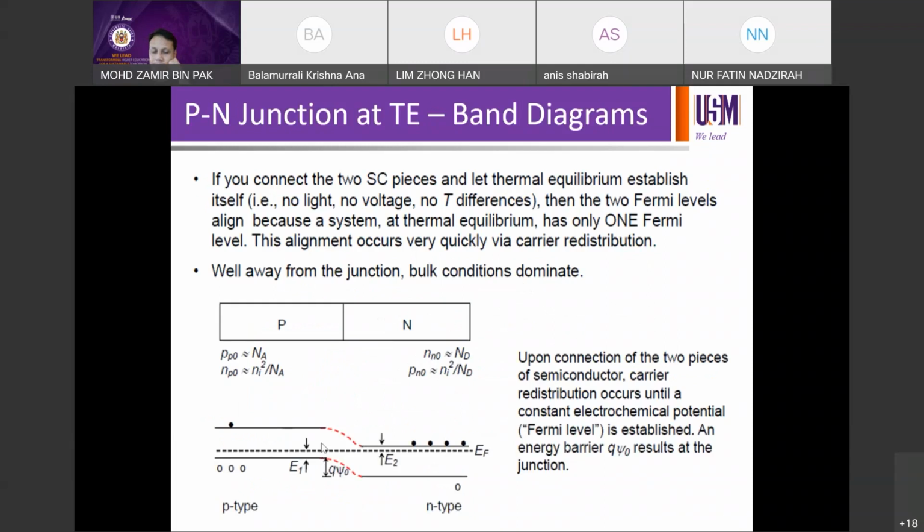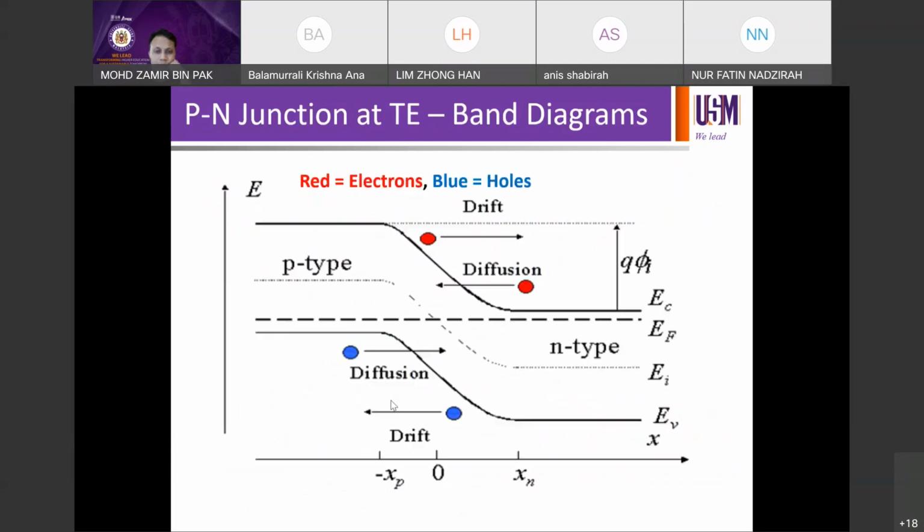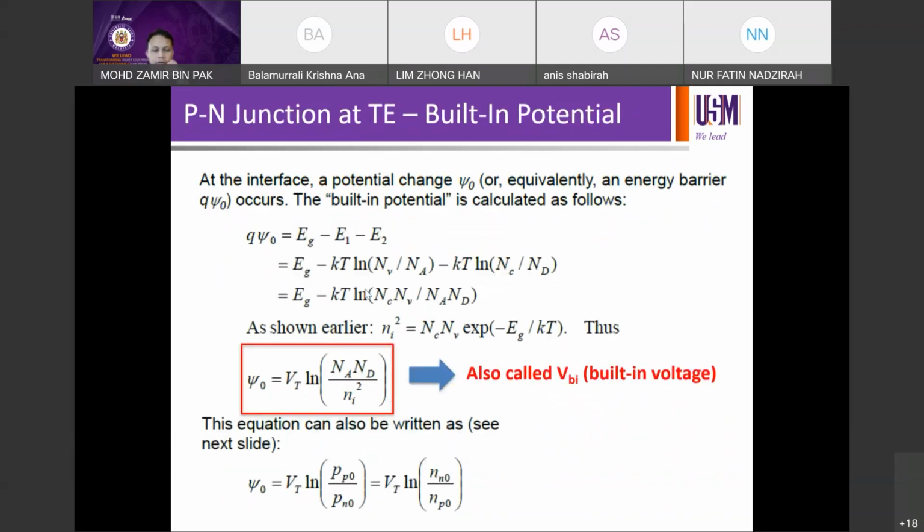If you remember, last time we talked about EF minus EV and EC minus EF, and you have already learned the equations, and they are given by kT ln NV over NA minus kT ln NC over ND, right?